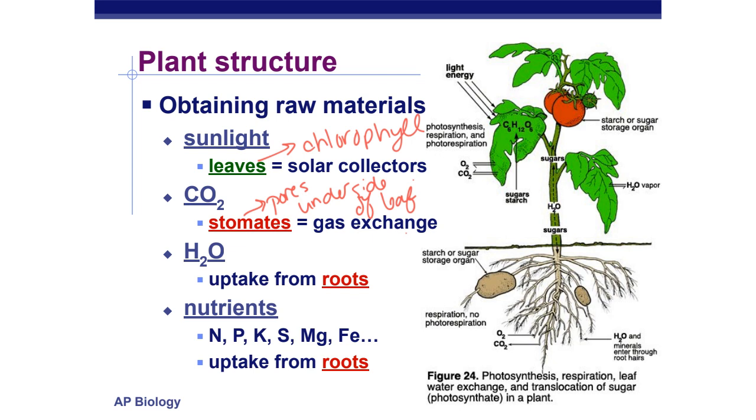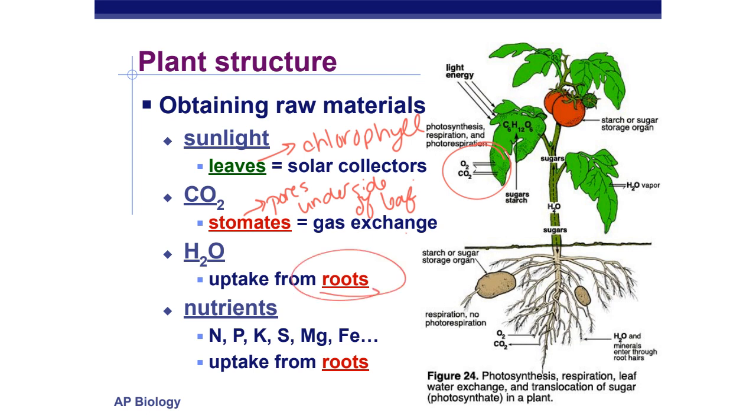So in a plant's case, right, I've got CO2 coming into the plant, and oxygen leaving the plant through those stomates, or through those openings on the bottom of the leaf. Water is going to come from the roots, right?